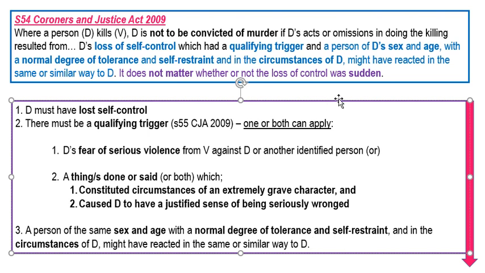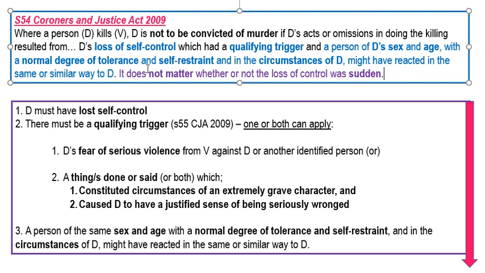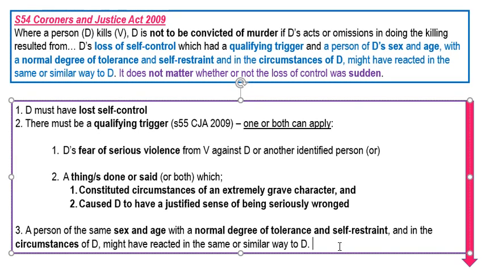Okay, so what it's asking here is, it's asking the jury to compare that defendant with someone in their shoes. So it's got to be someone with a similar age, same sex, and it's got here a normal degree of tolerance and self-restraint.